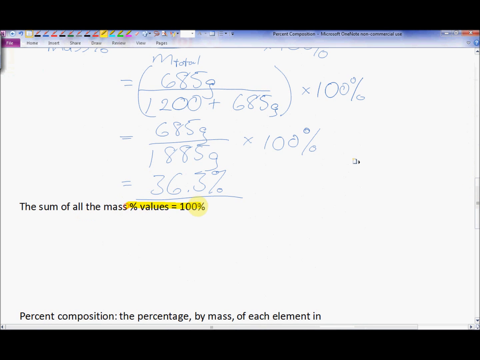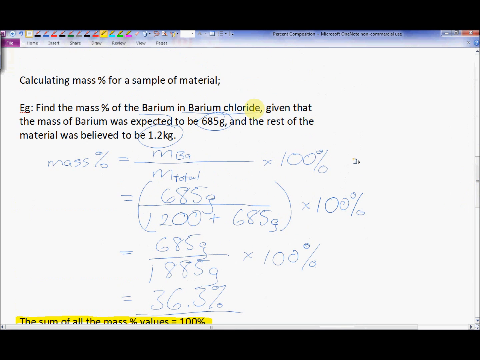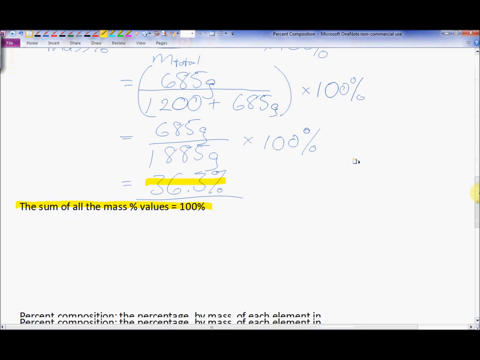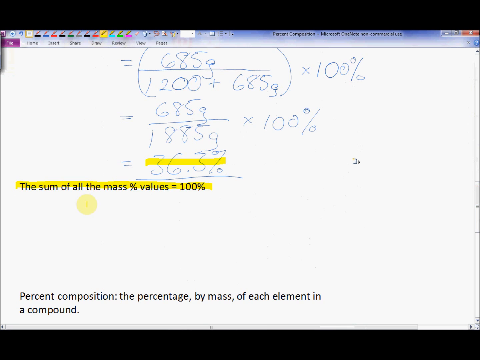Therefore, it stands to reason, if we've got barium chloride and the barium makes up 36.3% of the barium chloride, then the mass percent for chlorine is going to be equal to 100% minus the 36.3% for barium, and that's going to be 63.66%.